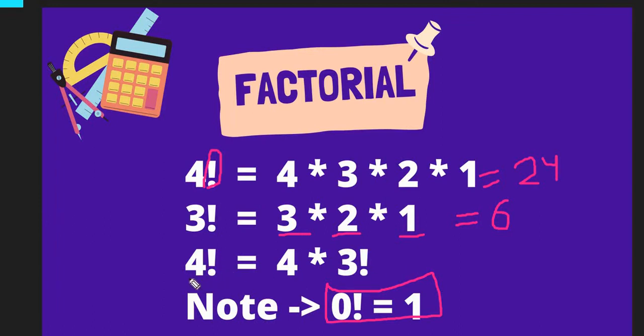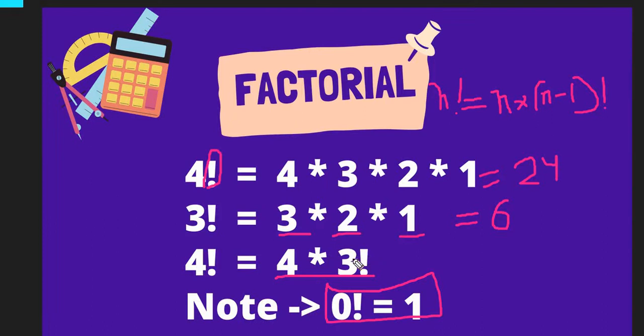Now here you can also see that 4 factorial equals 4 into 3 into 2 into 1, and 3 factorial equals 3 into 2 into 1. We can observe that 4 factorial equals 4 into 3 factorial. This means that n factorial equals n, the number itself, multiplied by the factorial of the previous number, so n minus 1 factorial.